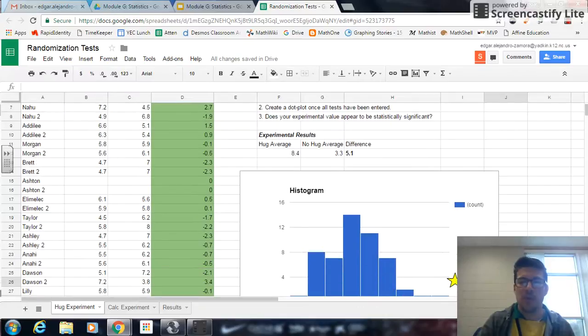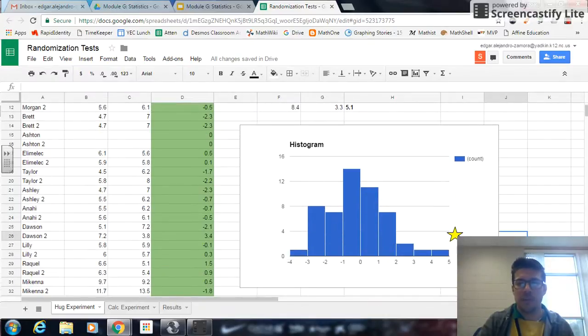If we look at it, following all the steps that we took already, this is kind of what your dot plot would make. I don't have a dot plot feature here, but this histogram shows kind of what your dot plot would look like. Most of your differences are close to zero because it's random. But you saw really nobody got a difference greater than 5.1, which was the difference in our two groups when we actually got the data from the experiment.